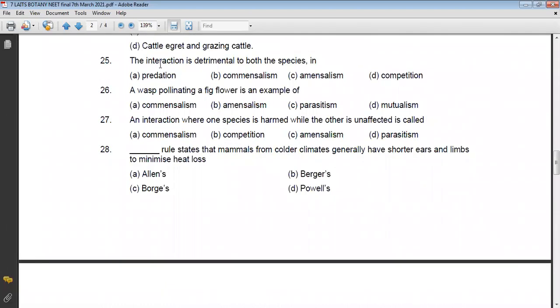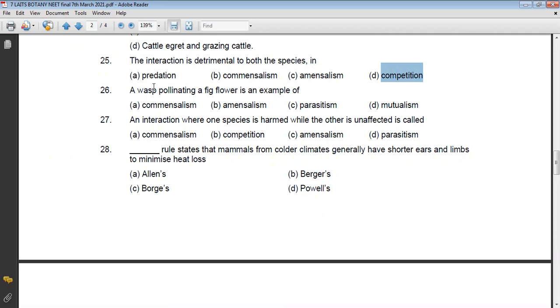25th question, the interaction is detrimental to both the species in, so we know when competition occurs between two organisms, both try to hinder each other, and that's why competition is a negative interaction. So here both species are damaged.